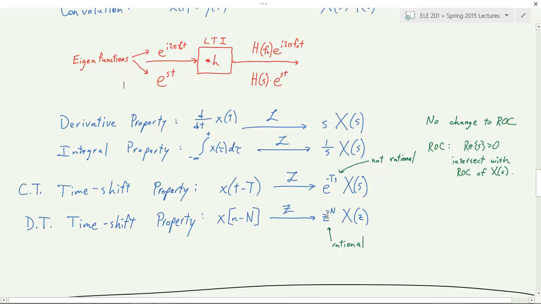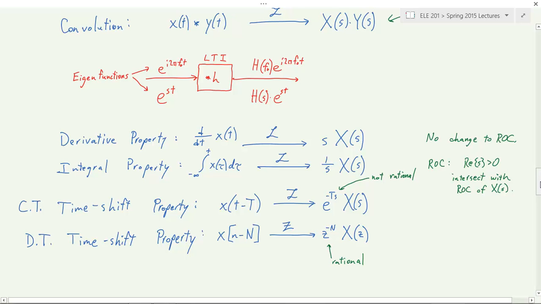Because of this change to z, if X of z was rational already, then this is still going to be rational because you're just multiplying by z to a negative or positive integer. In the continuous time case, it was not rational. This is not a rational function of s. Fortunately, we don't actually care about doing these time shifts for continuous time systems, for the scope of what we're going to discuss.